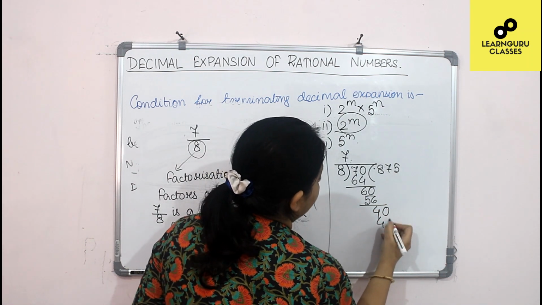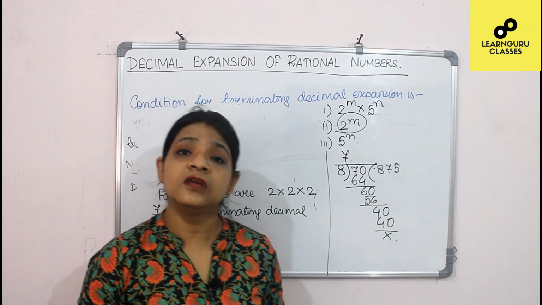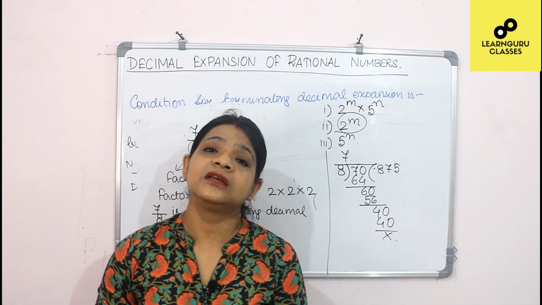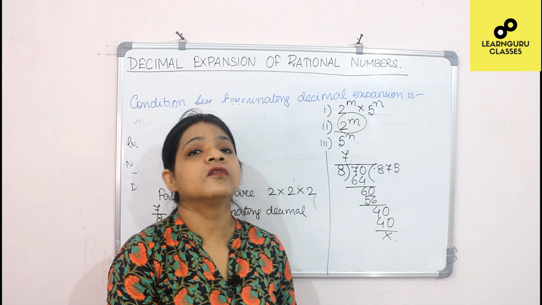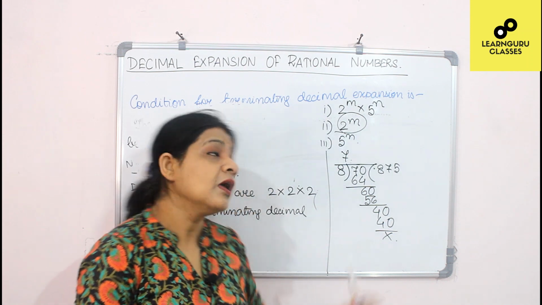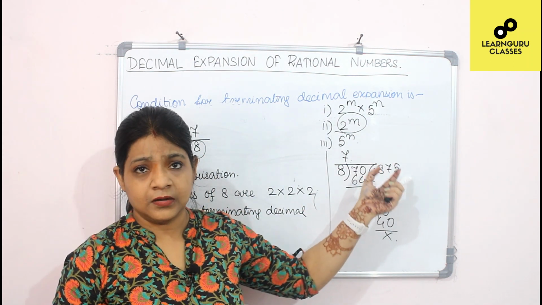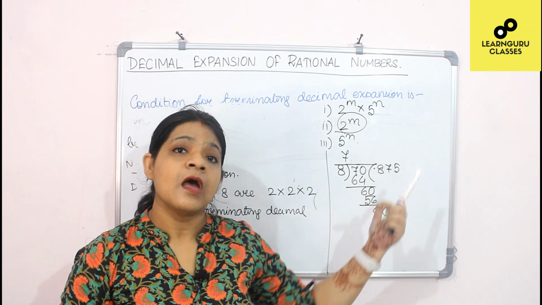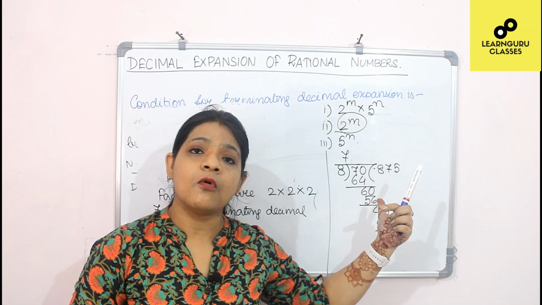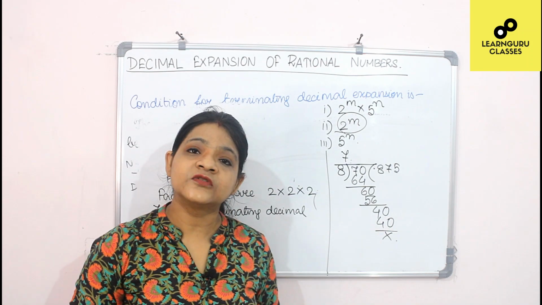8 fives are 40. So you see that the remainder comes to be 0, which is a terminating decimal expansion, because we already know that in a terminating decimal expansion there are a finite number of digits after the decimal point, and the remainder comes to be 0.